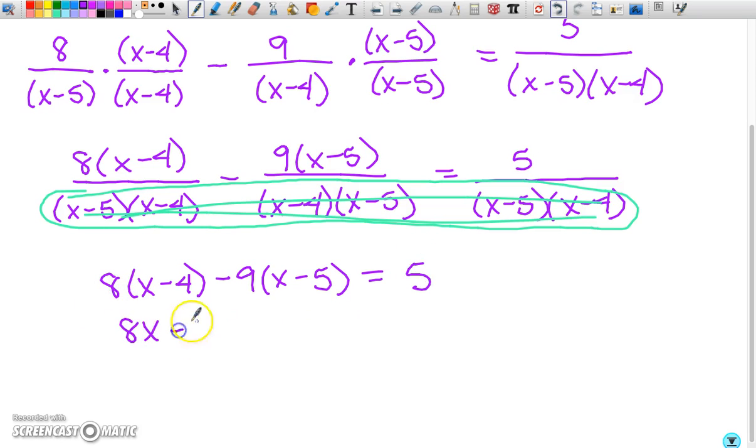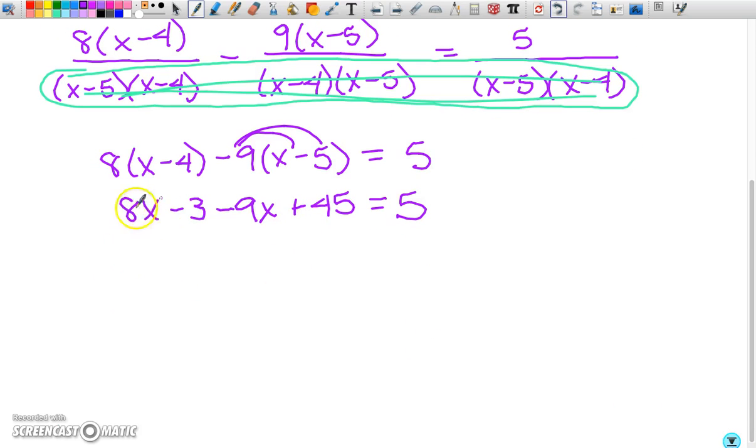So write your new equation now of 8 times x minus 4 minus 9 times x minus 5 equals 5. Distribute 8x minus 32, and then remember here that the sign comes with the 9, so minus 9x, and then plus 45 equals 5. Combine like terms, so 8x minus 9x is a negative x, and then negative 3 plus 45 is 42.